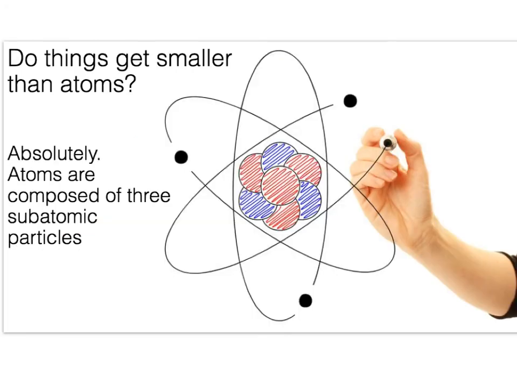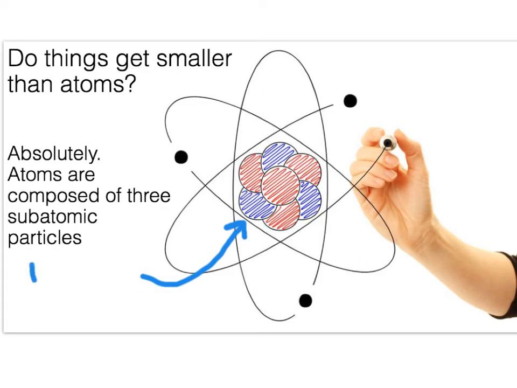Okay, so atoms are in fact composed of three pieces, and these three pieces are subatomic particles. Subatomic meaning smaller than the atom or part of the atom. And as mentioned earlier, we have the center part, the nucleus. And the nucleus is going to be composed of two of the three subatomic particles.